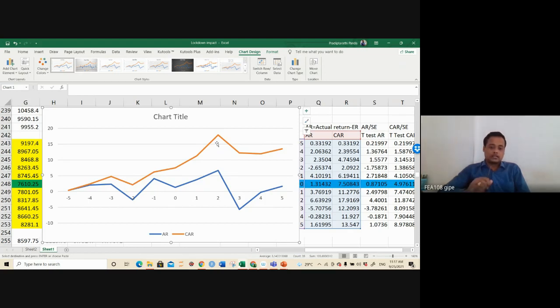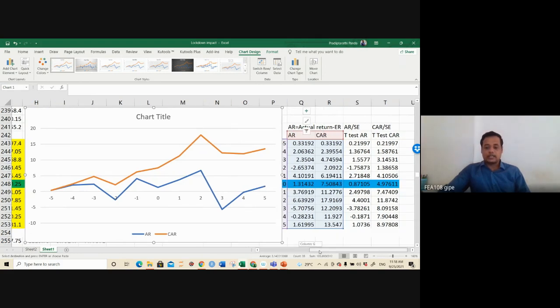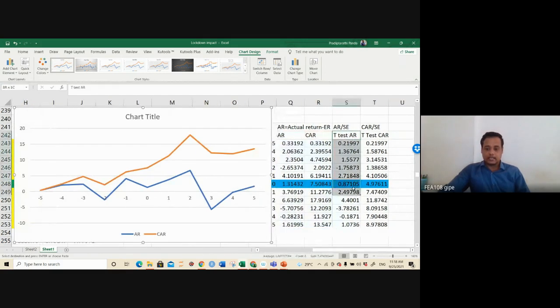After that, for 2 more days, that means 2 to 4 days, it was down, and from the fourth day onwards, it has started going up. Whether this impact was significant or not significant, we can test through this AR and CAR.